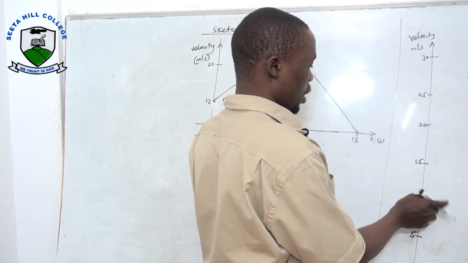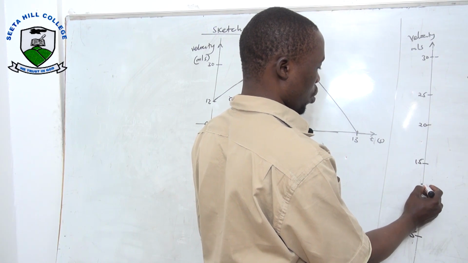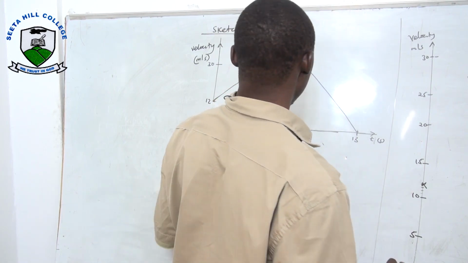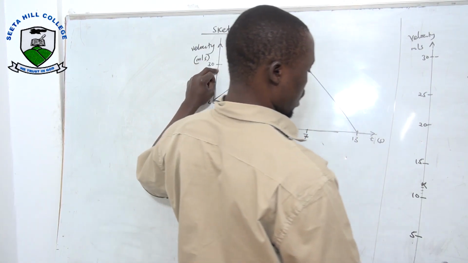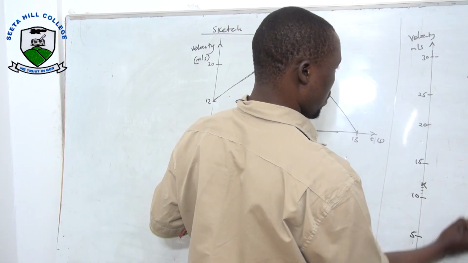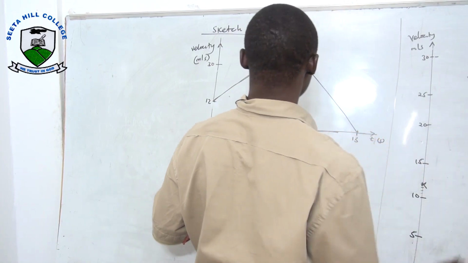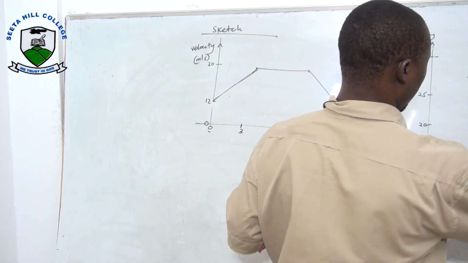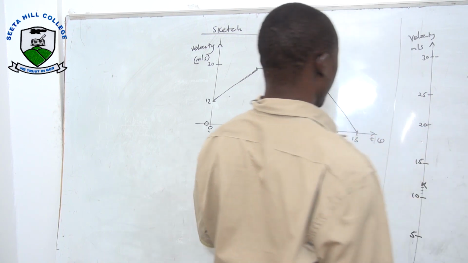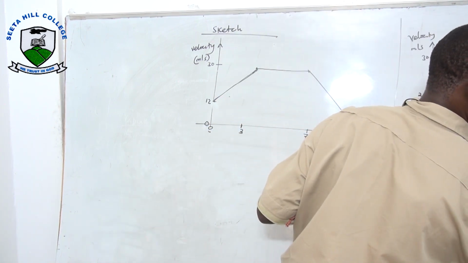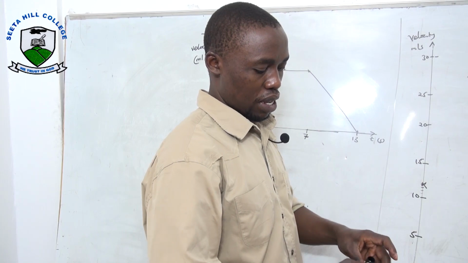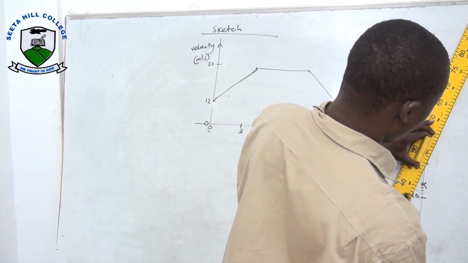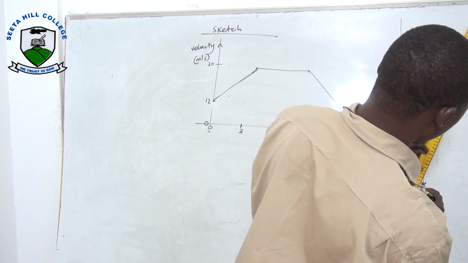This is 10, 20, then I count 4 more. This is 12. Then 30 goes with 3. 3 is in between here, that is 30. Then 7 goes with also 30. Then finally you are at 13. You join with a ruler.